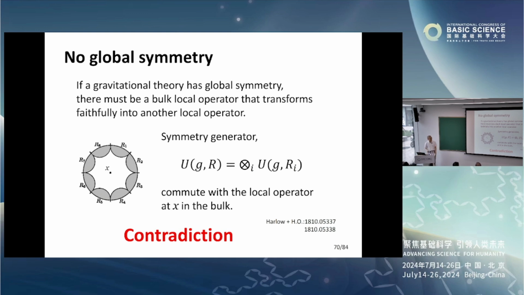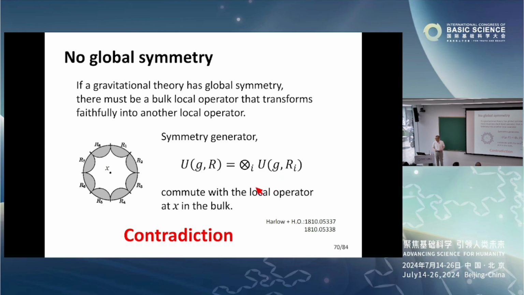A more information-theoretic way of saying it is that the AdS/CFT correspondence tells you that the information deep in the bulk is reconstructed by the long-range entanglement in the boundary. However, the symmetry generator, because of this Noether theorem property, does not change the long-range entanglement of the boundary, because you can divide this unitary operator into pieces, and each of them acts unitarily only locally.